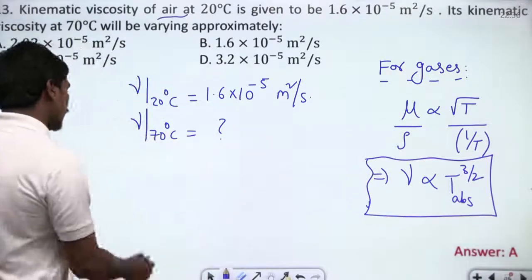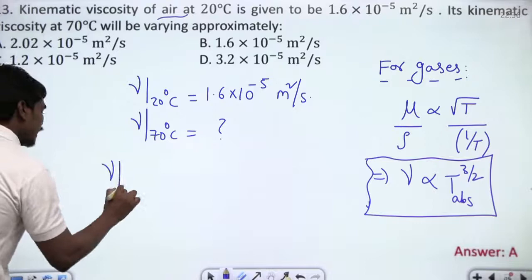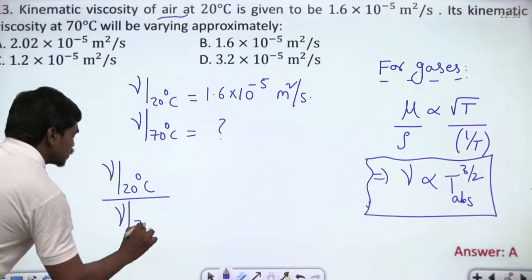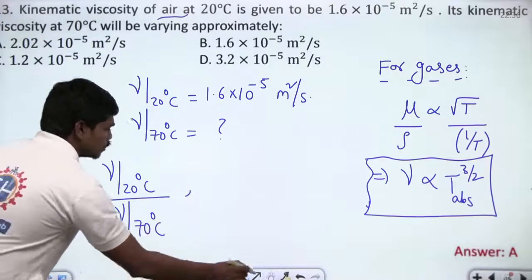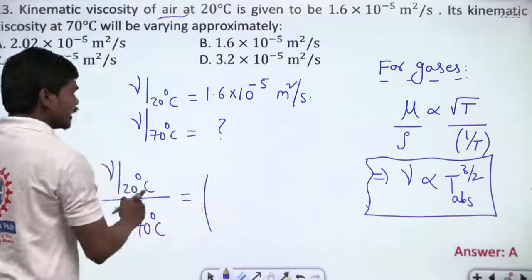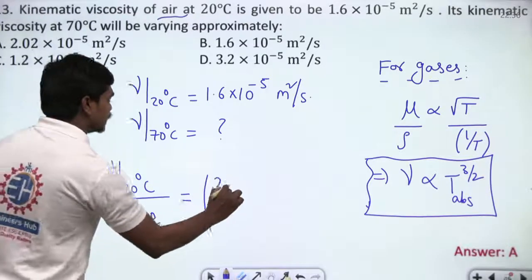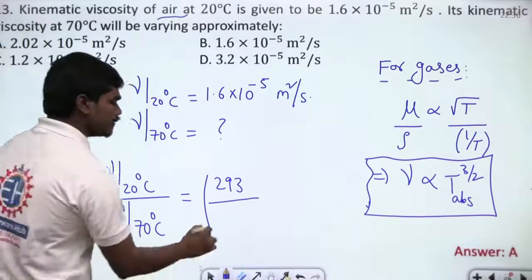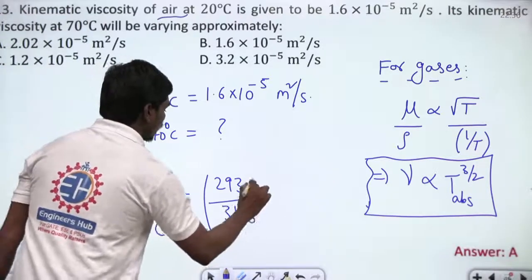If that's the case, then you can write nu at 20 degrees Celsius divided by nu at 70 degrees Celsius. This will be equal to, since we are taking 2 different values, and if you remove the proportionality sign, T absolute at 20, which is 293, divided by T absolute at 70, so 273 plus 70, which is 343, whole to the power 3 by 2.